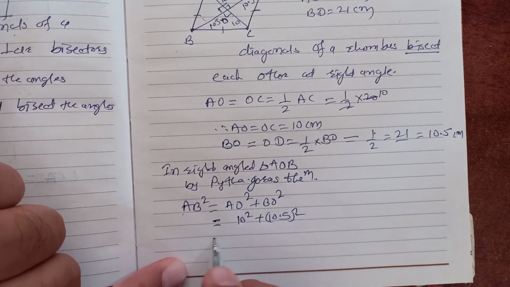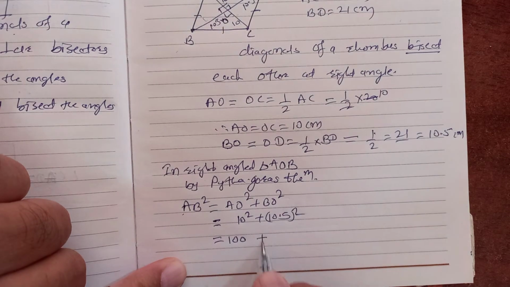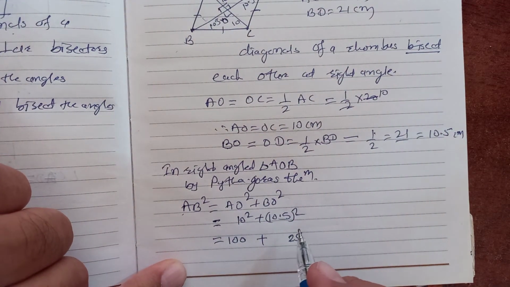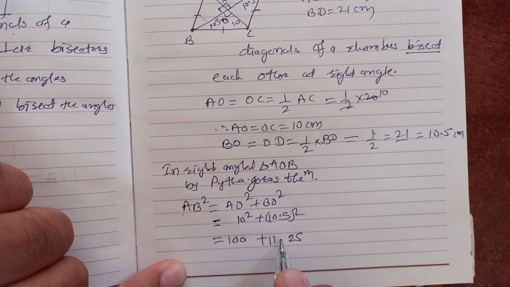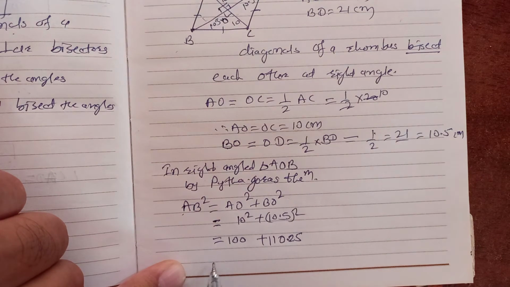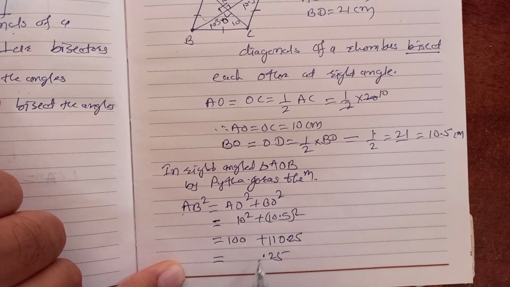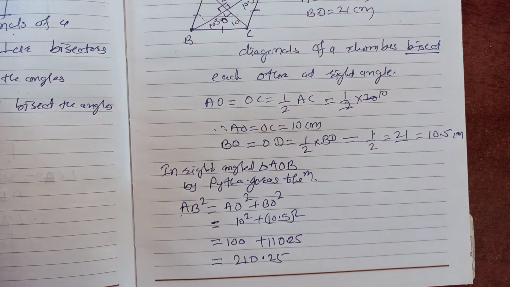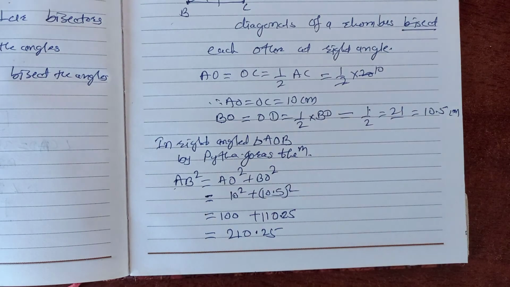This is 10.5 square. This is 100 plus, 5 square is 25. After 10 is 11, product is 110. But here one digit, so here two digits. So addition of this, this 0.25 as it is, this 0, 1, 2, 210.25.